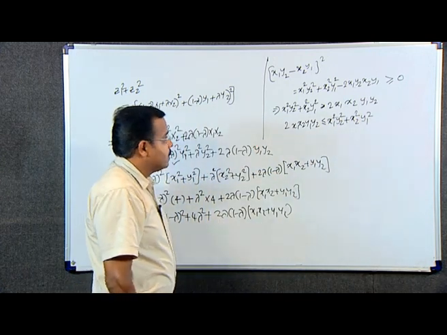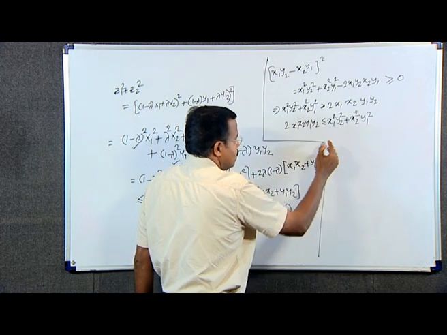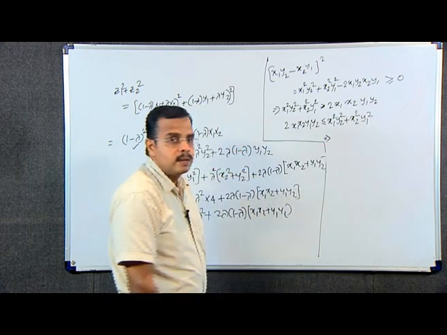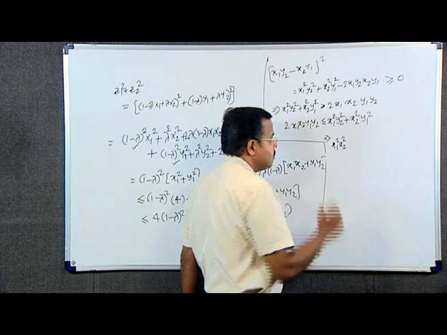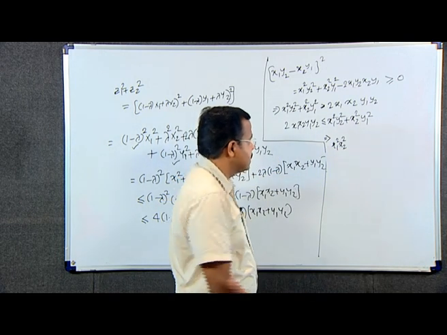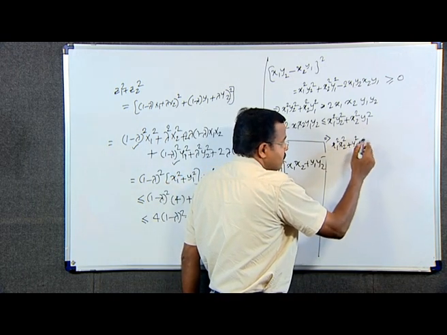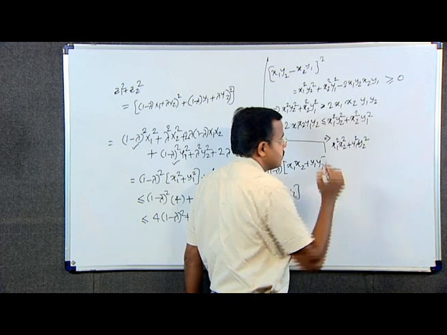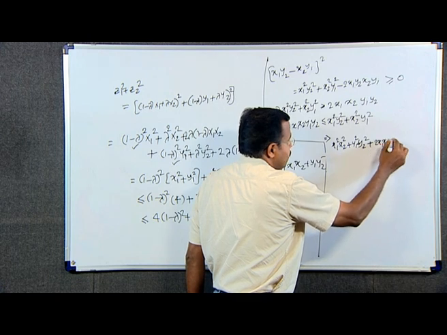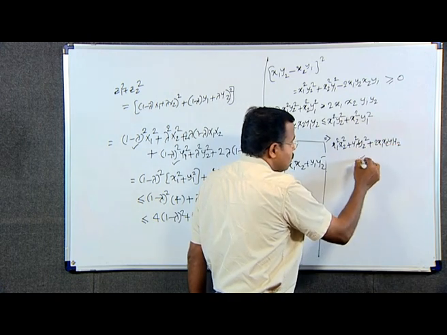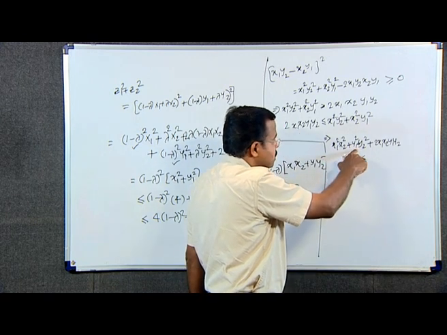Okay. This implies, we are adding some terms to both the sides, x1 square x2 square plus y1 square y2 square plus 2 into x1 x2 y1 y2, that is less than or equal to, actually in this side we added x1 square x2 square plus y1 square y2 square.